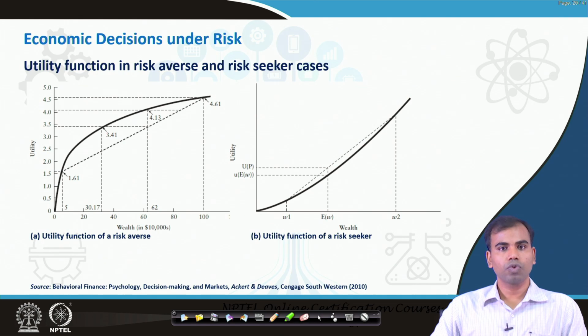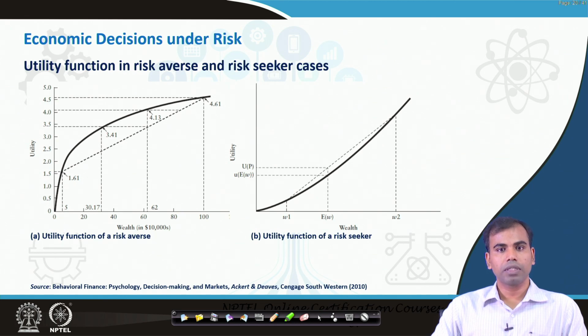The first graph actually indicates the utility function of a risk averse investor, where the expected utility increases with an increase in the level of wealth.